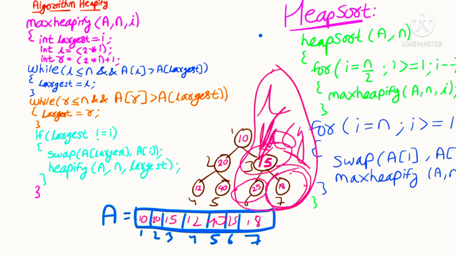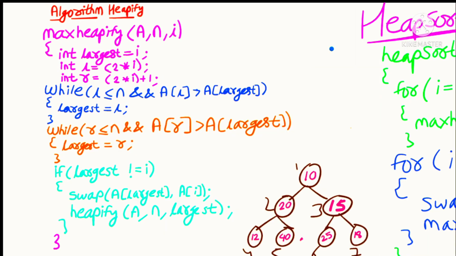In this case 25 is largest, so 25 will get swapped, and we are calling a function here heapify a. We will declare the new array, the number of index, and the largest one will be point here, and we will end all the loop here.